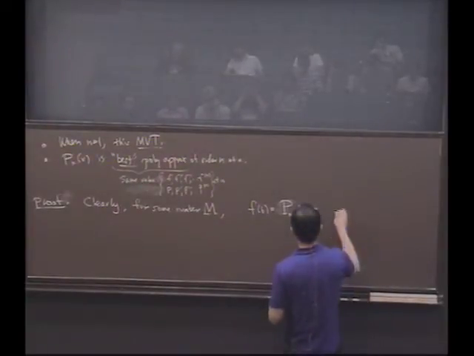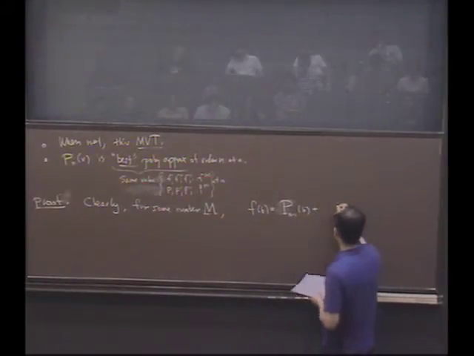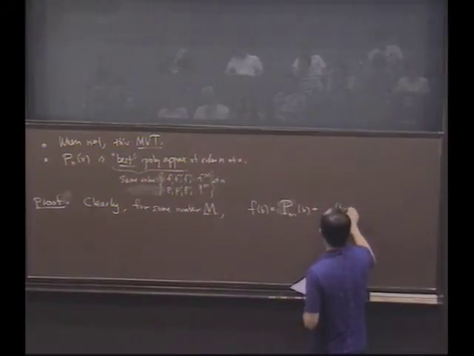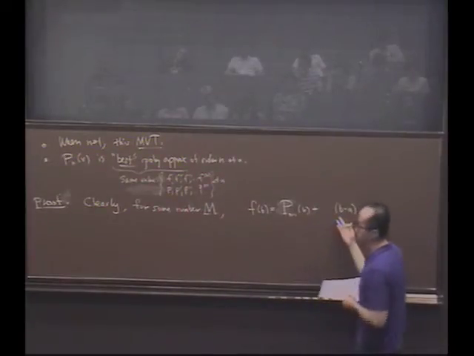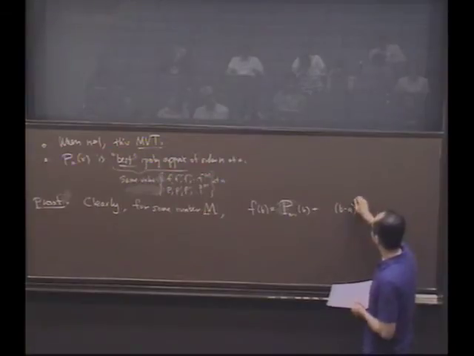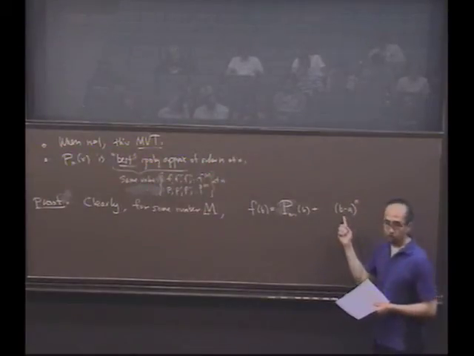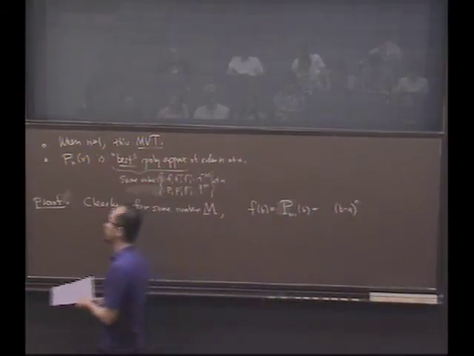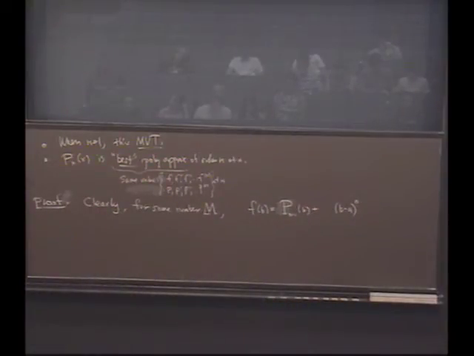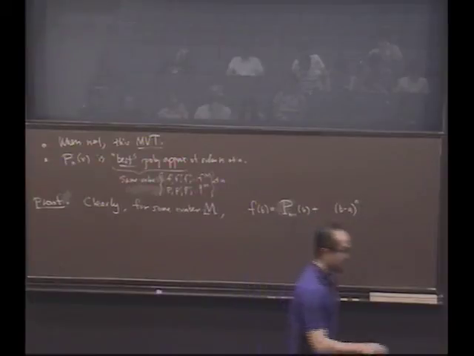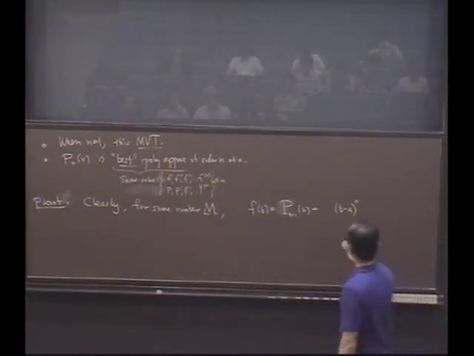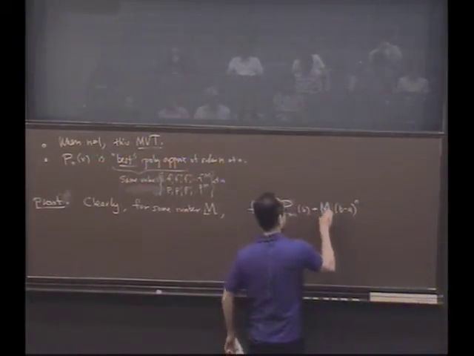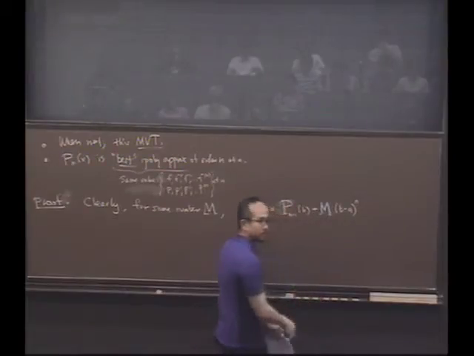Well, would you agree that b minus a is also some number? Yes? I'll raise it to the nth power. That's some number. And for some suitable choice of m, this statement is true. Yes?